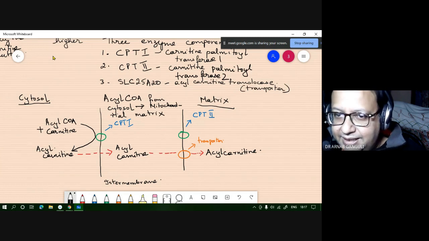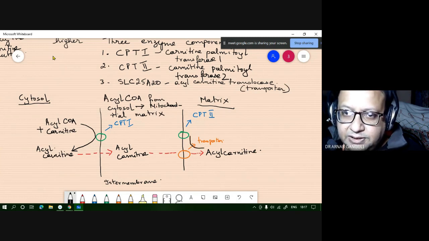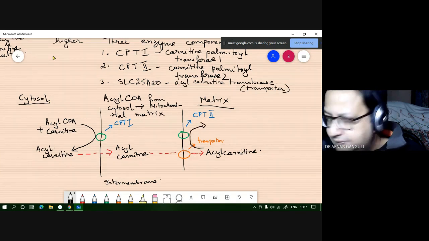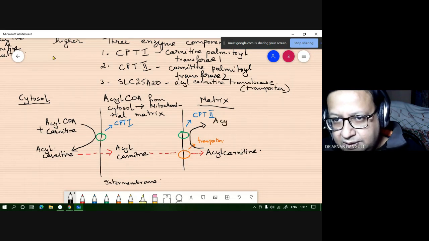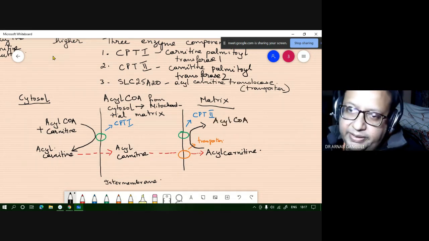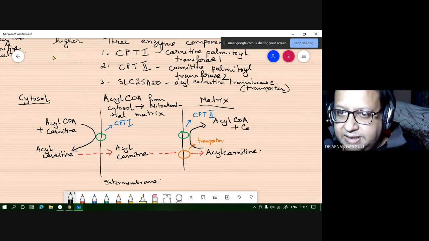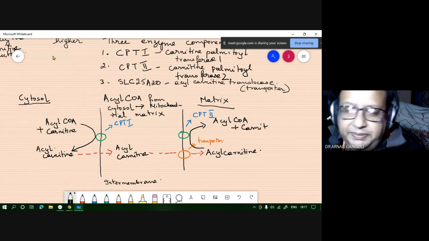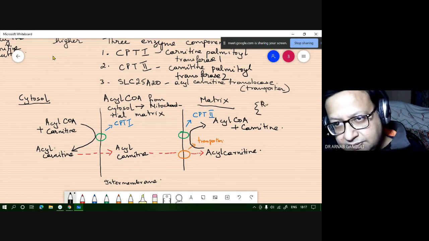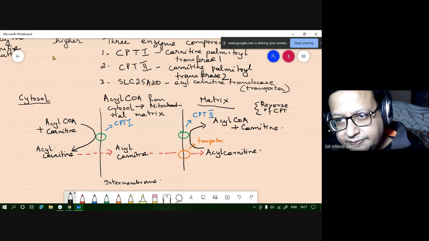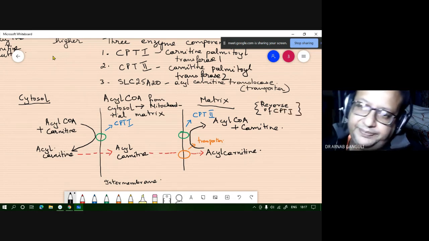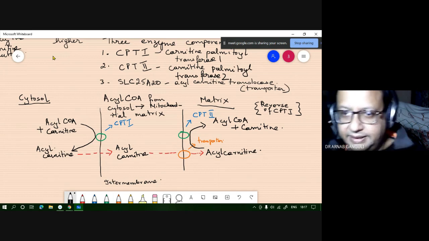Now this acyl carnitine again becomes acyl CoA. CoA is taken up plus carnitine. The reverse of the CPT1 reaction takes place.